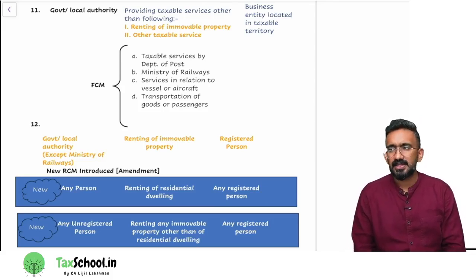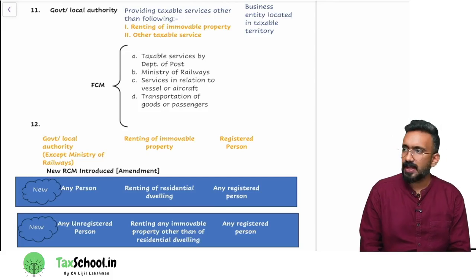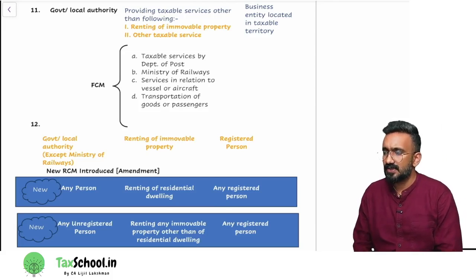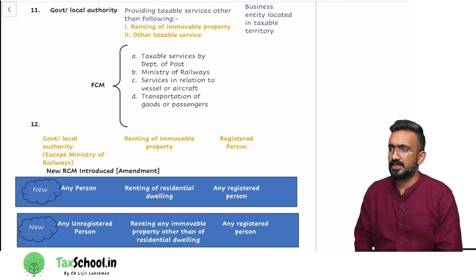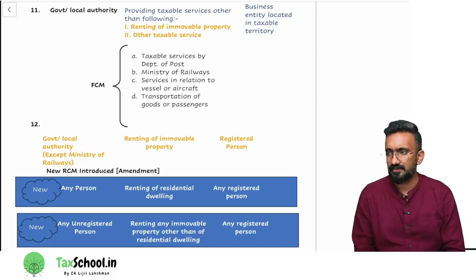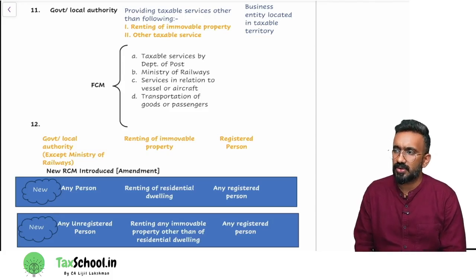So the supplier is government or local authority. They provide taxable services other than the following, that is renting of immovable property and other taxable services like taxable services by Department of Post, Ministry of Railways, service in relation to vessel or aircraft, or transportation of goods or passengers, to a business entity located in taxable territories under RCM. The 12th case is talking about renting of immovable property.